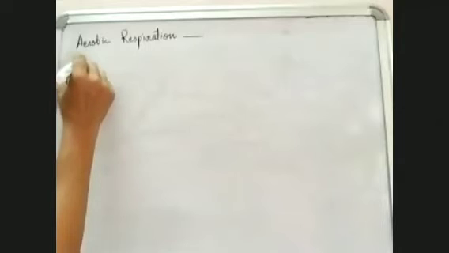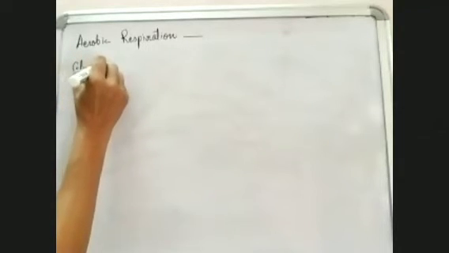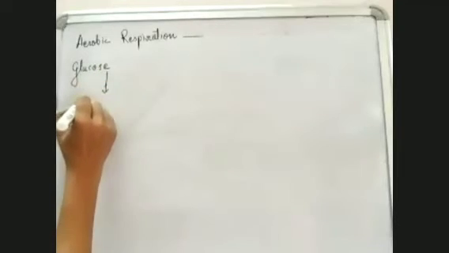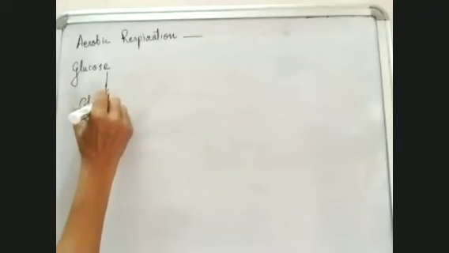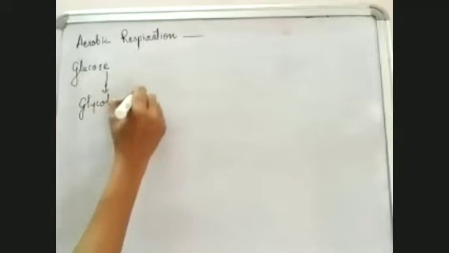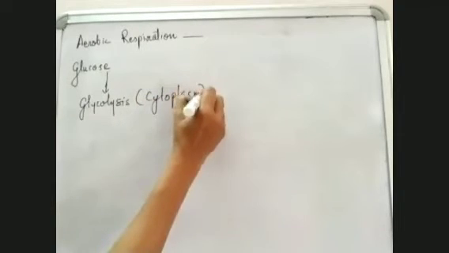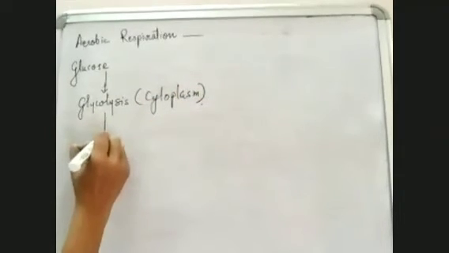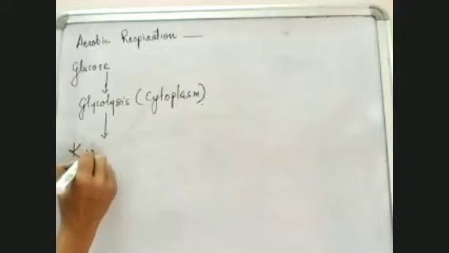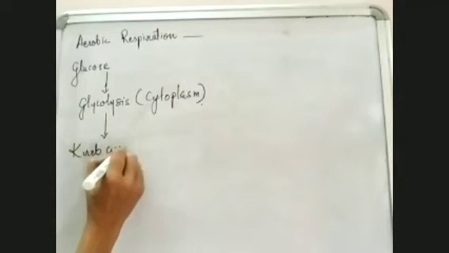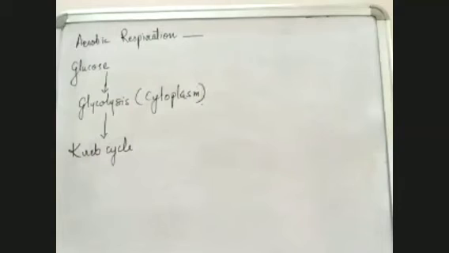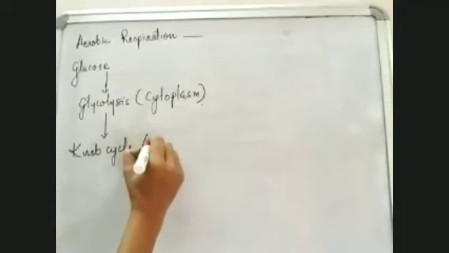So here the glucose molecule undergoes the process of glycolysis, and the product formed enters another cycle, which is the Krebs cycle, which takes place in mitochondria.